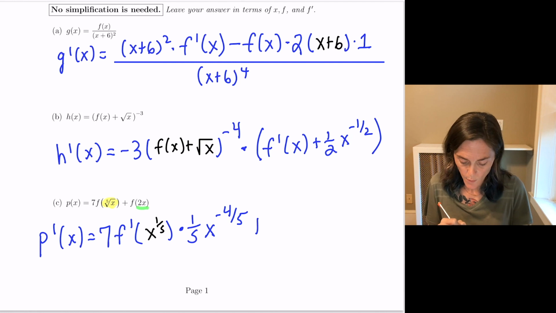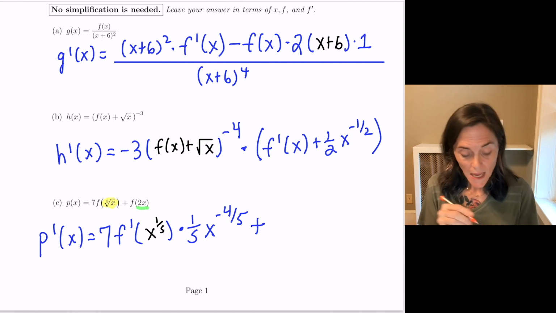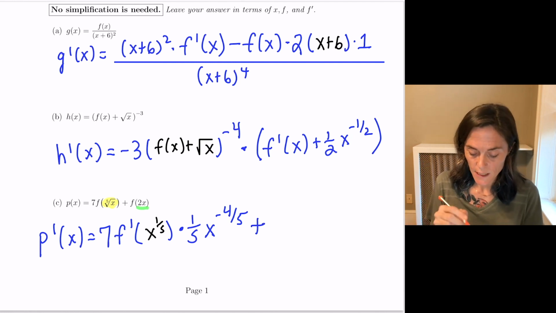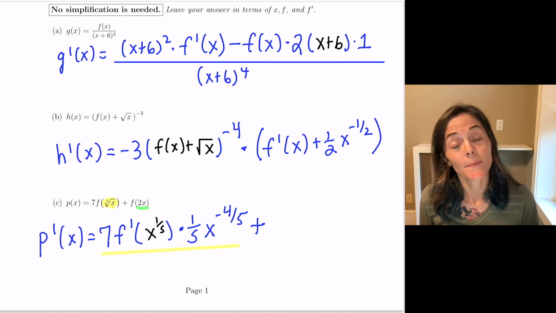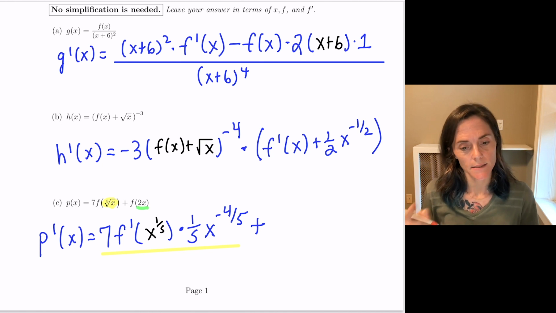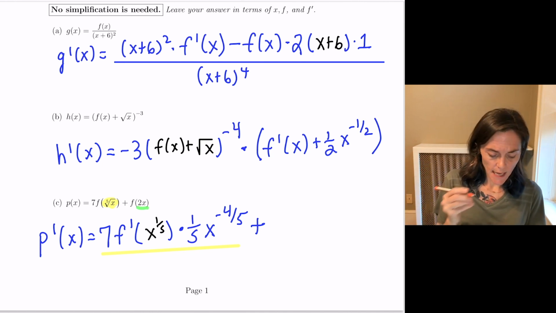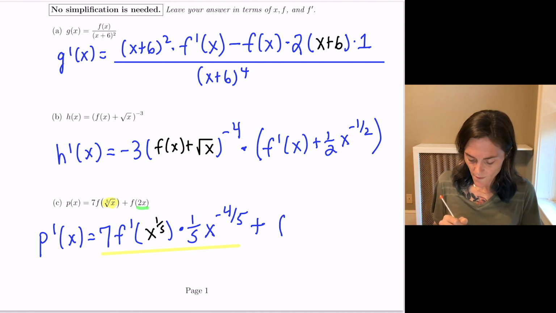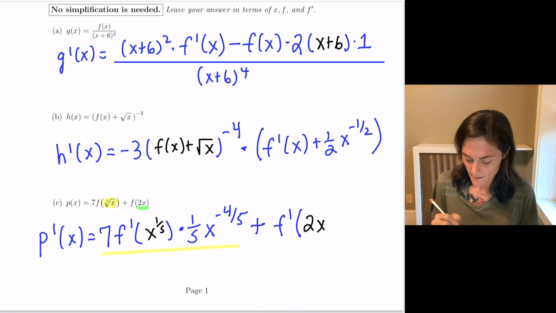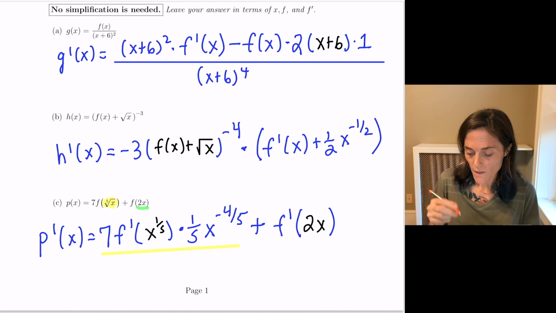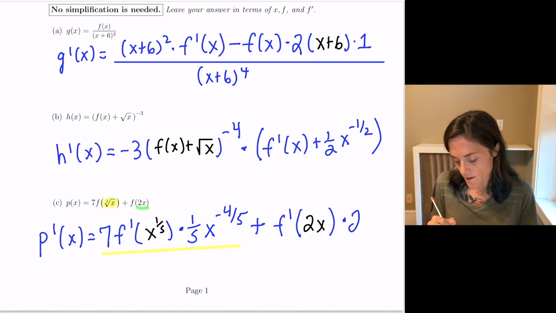Then we put a plus. So far, you see I have differentiated the first term, chain rule. Next, take the derivative of the second term, derivative of the outside, evaluate it at the inside, and then times the inside function has derivative 2.